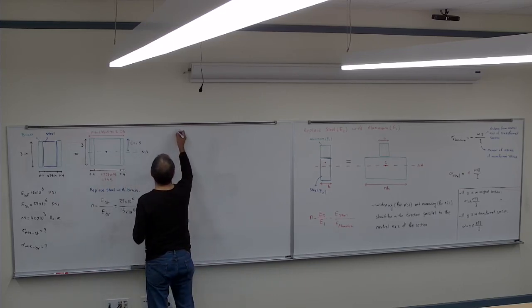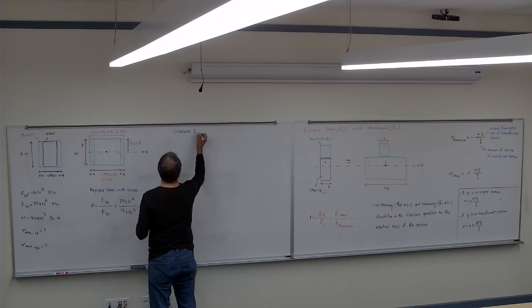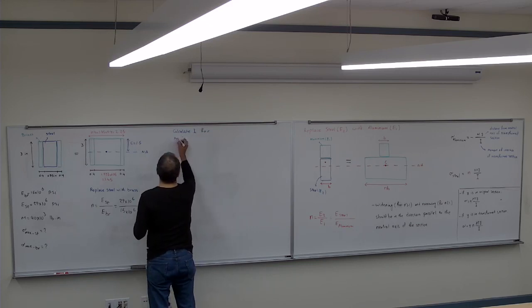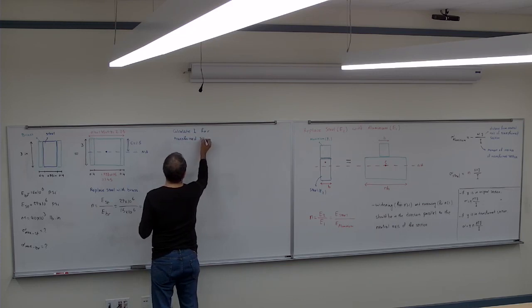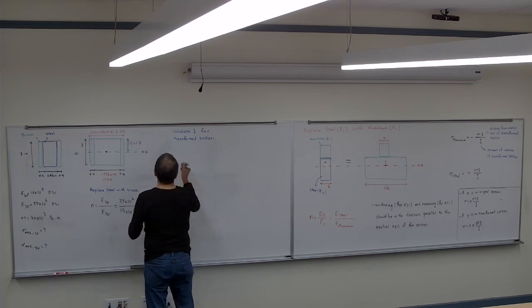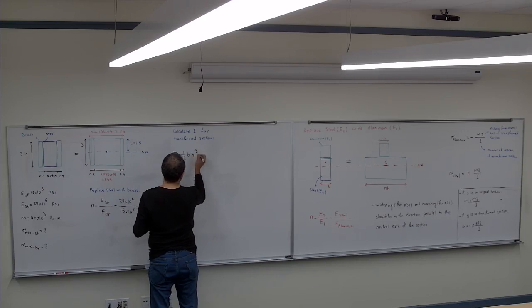So now I can go ahead and calculate I for the transformed section. It's a rectangle, so it's going to be 1/12 of B H cubed.